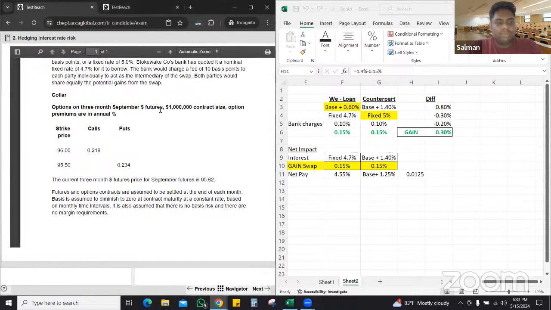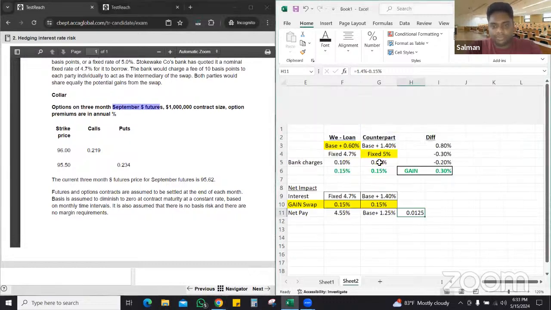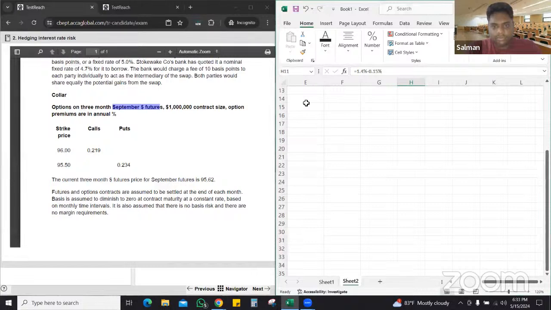Options on 3-month September dollar futures. September futures. It's 3 months. Keep in mind, September futures means it's expiring in September. When is it? End of September, September 30th. Okay.